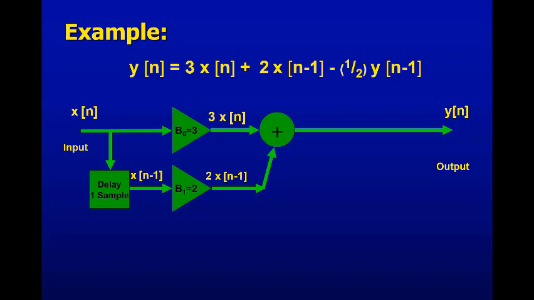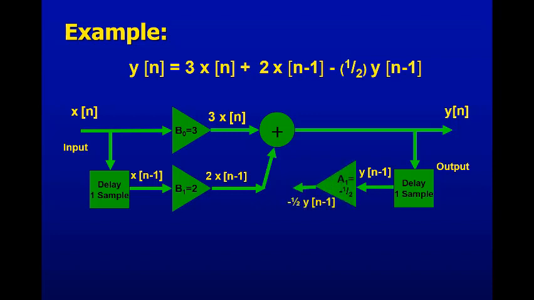Then we'll also have to steal y of n to make y of n minus 1, and give it a gain of minus 1/2. So we have a difference equation, and we have a block diagram. Both.